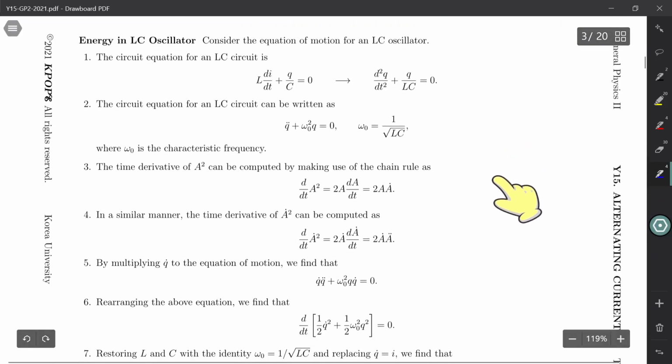Next, we consider the energy flow in an RLC oscillator.